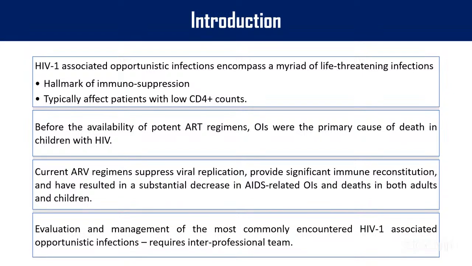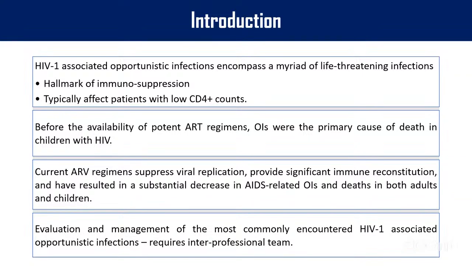As I already mentioned, before the availability of potent ART regimens extensively, these OIs were the primary cause of death in children with HIV. However, the current ARV regimen, which can effectively suppress the viral replication, will provide a significant immune reconstitution, resulting in a substantial decrease in HIV-related OIs and deaths, both in adults and children.